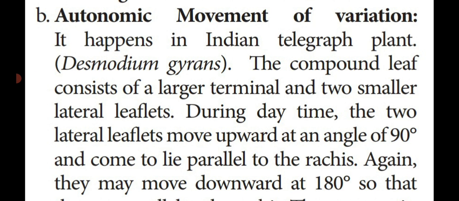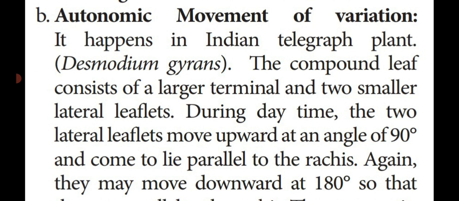The compound leaf consists of a large terminal leaflet and two smaller lateral leaflets. That means at the tip of the leaf the leaflet is larger and the lateral leaflets are smaller in size.